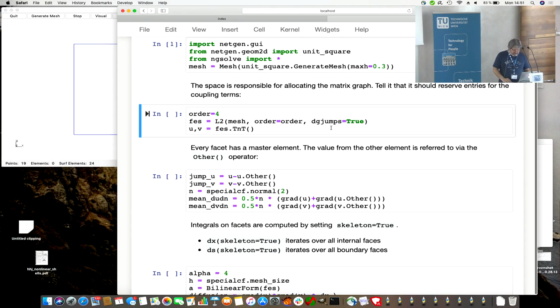One disadvantage of DG is you have to look into the neighboring element. You need basis functions from the neighbor element, which are not defined on the current element, but interact with the basis functions on the current element, which leads to a larger matrix graph. And we are building the matrix graph in advance, so we have to tell that we need a larger matrix graph by setting dgjumps to true.